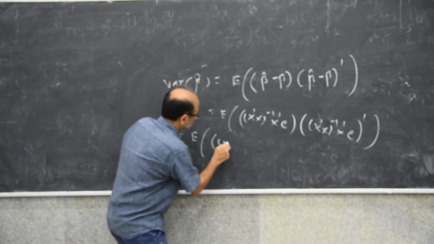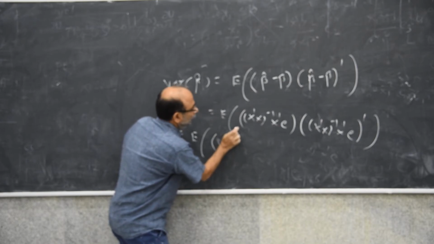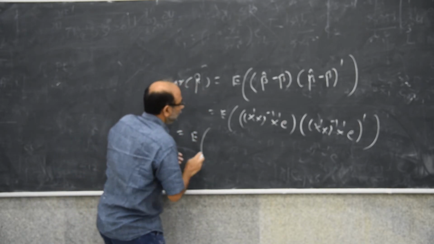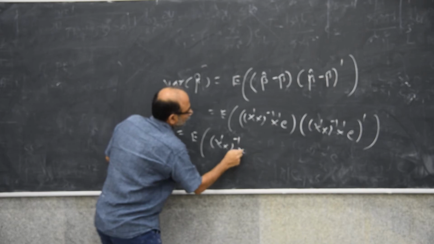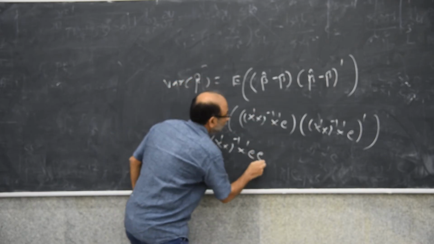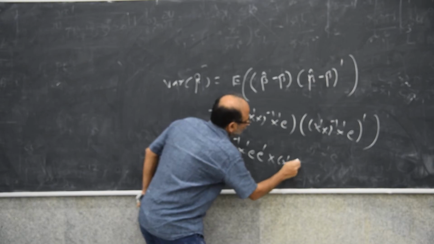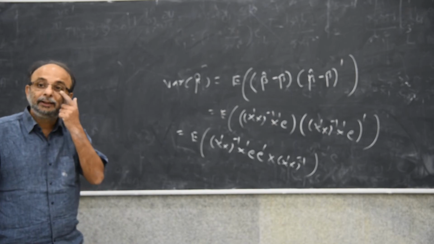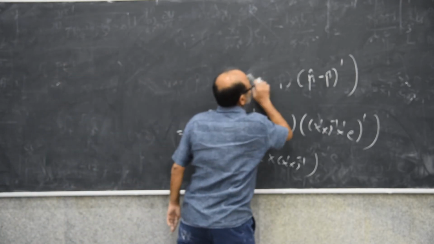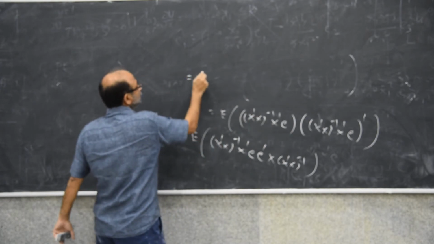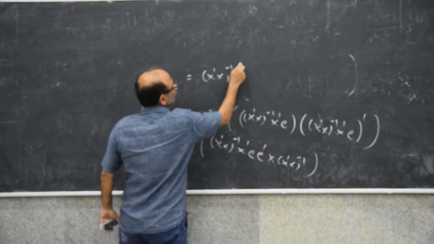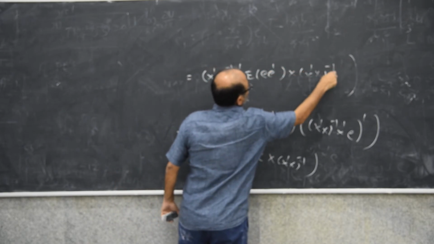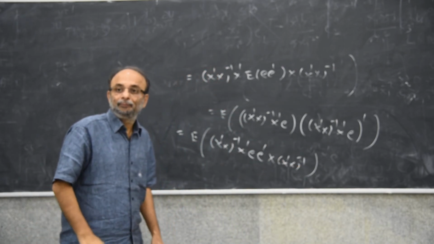Which is the expectation of x dash x inverse x dash e into e dash x x dash x inverse, which can be written with the expectation of e e dash in the middle.